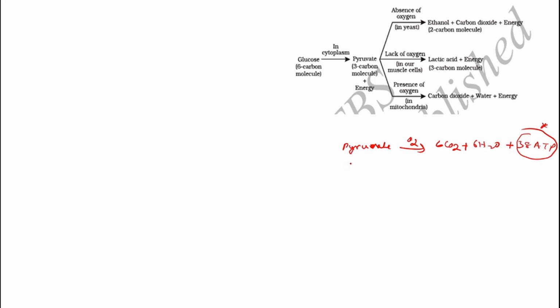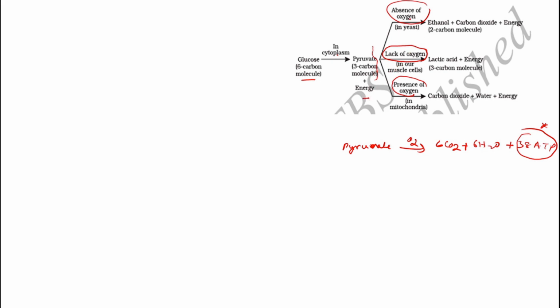Okay, just look at this figure. This is absence of oxygen, lack of oxygen, and presence of oxygen. See, up to here the process is the same: 6 carbon molecule in cytoplasm, you get pyruvate plus energy.